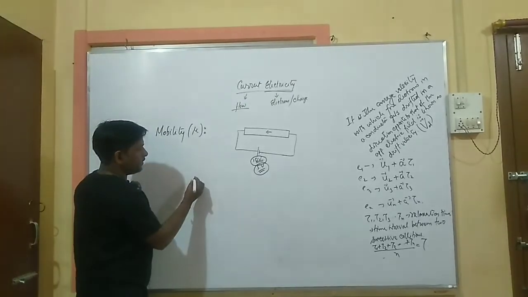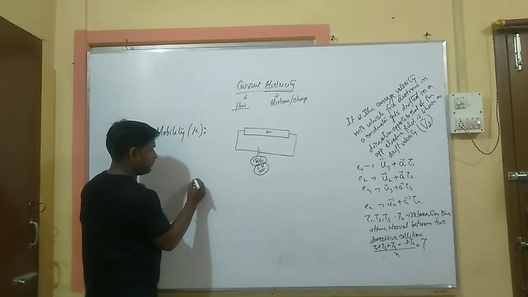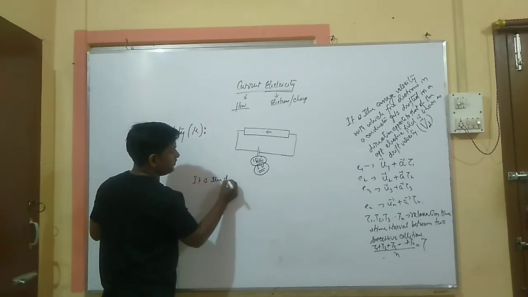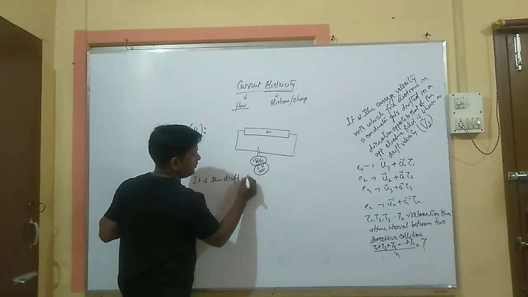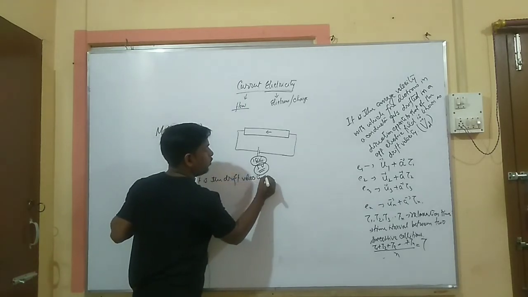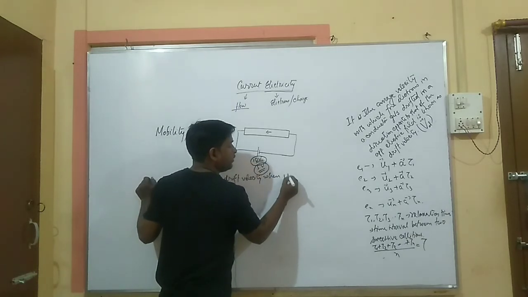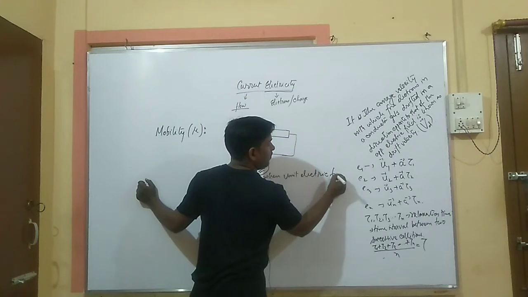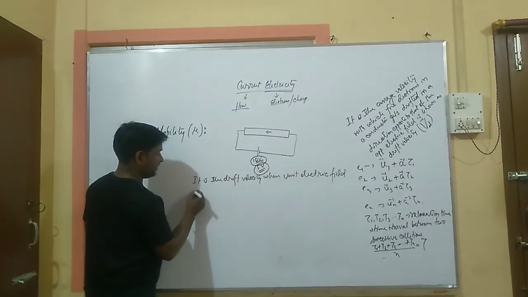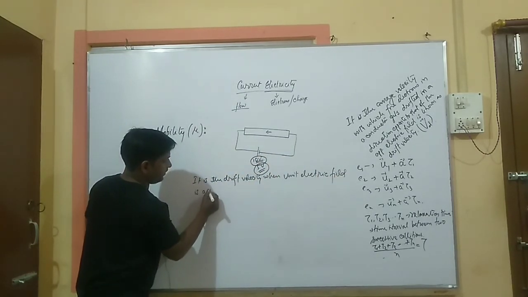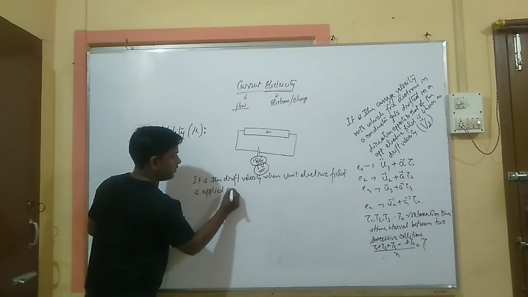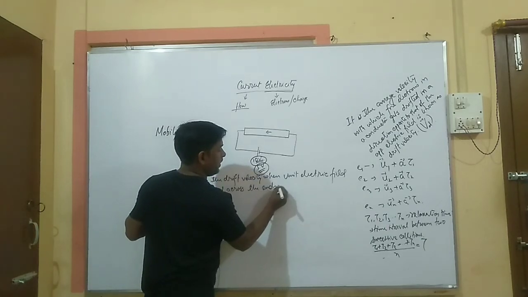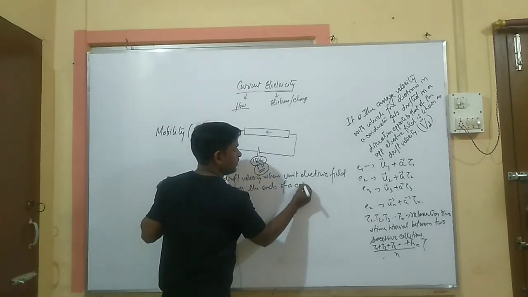We can define it as the drift velocity when unit electric field is applied across the ends of a conductor.